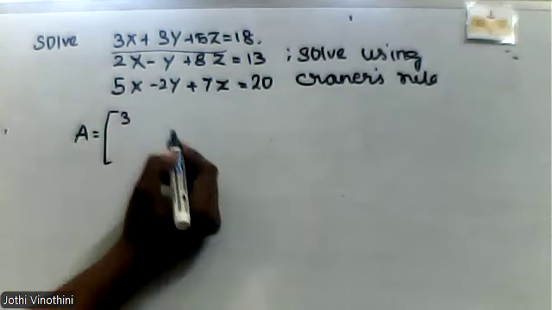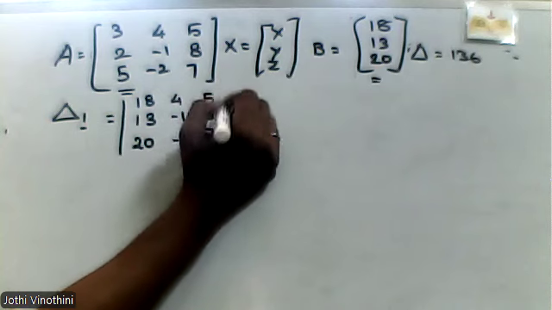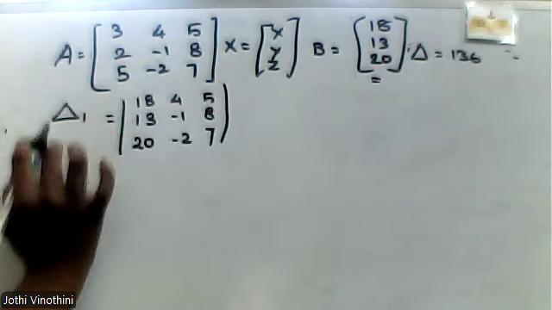So now we replace the column 1 elements with matrix B. In place of this column, we write the elements of B: 18, 13 and 20. The other two columns remain the same: 4, minus 1, minus 2, and 5, 8 and 7. Clear? Clear.